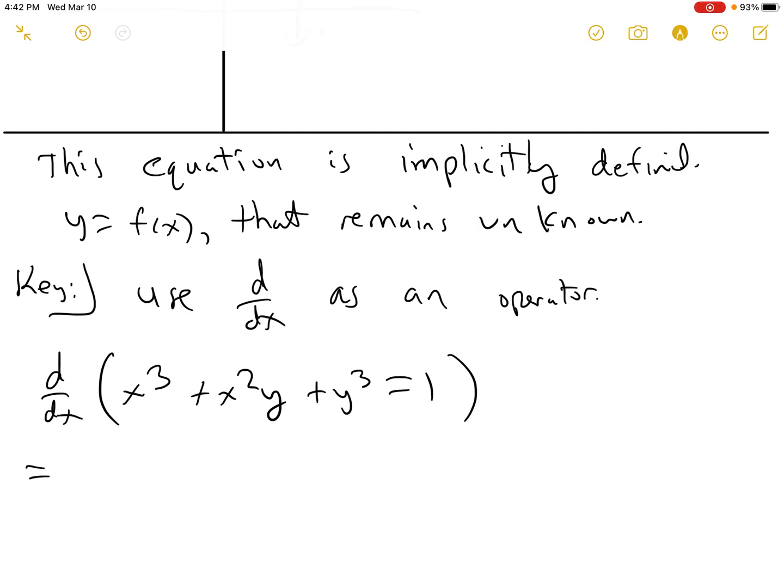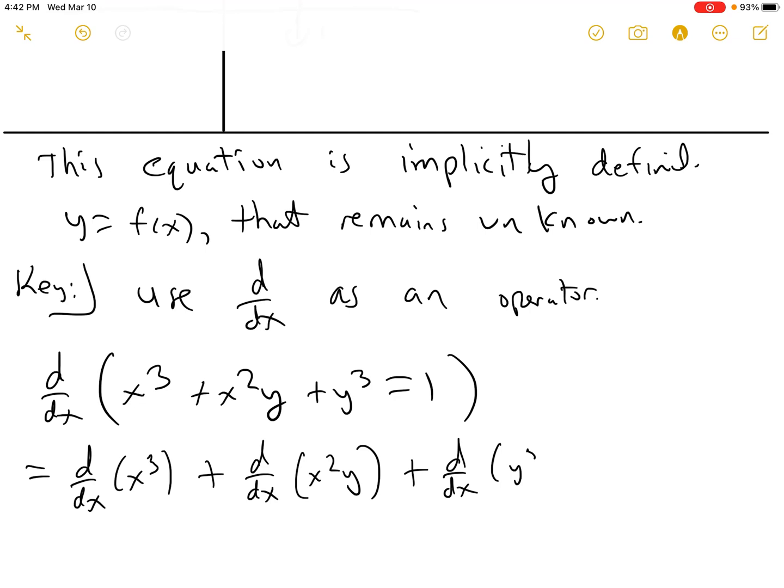I go term by term because the derivative is additive. So I have the derivative with respect to x of x cubed plus the derivative with respect to x of x squared y plus the derivative with respect to x of y cubed equals the derivative with respect to x of 1.